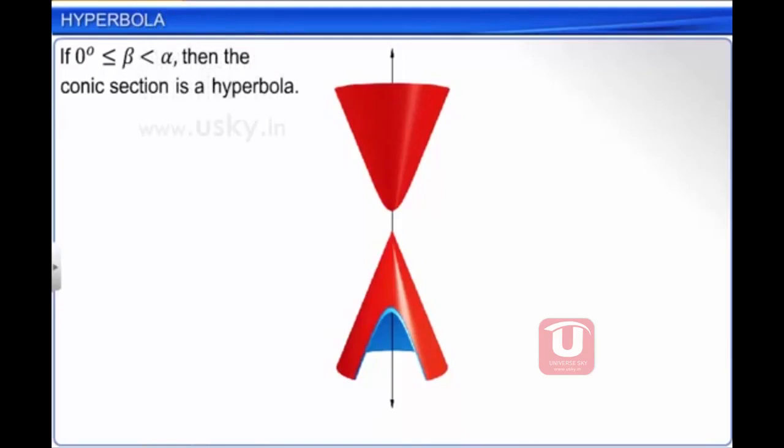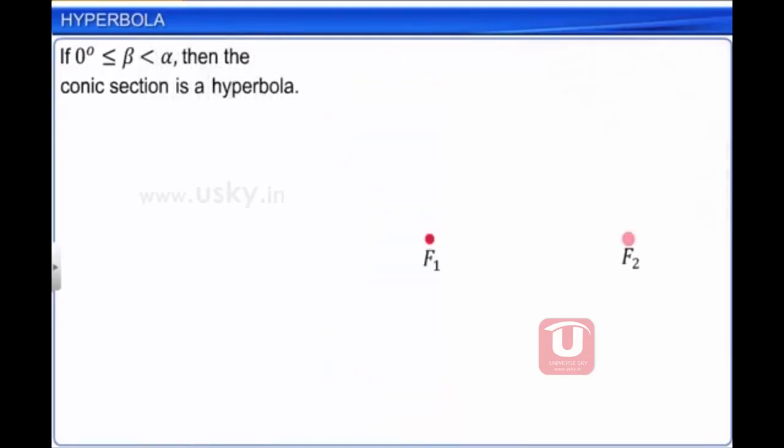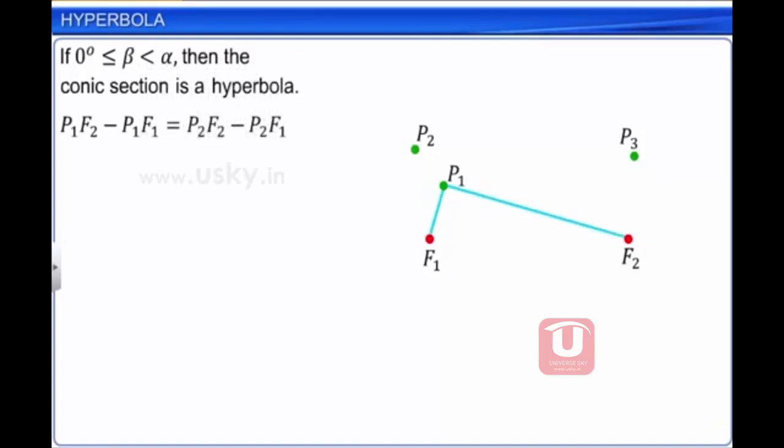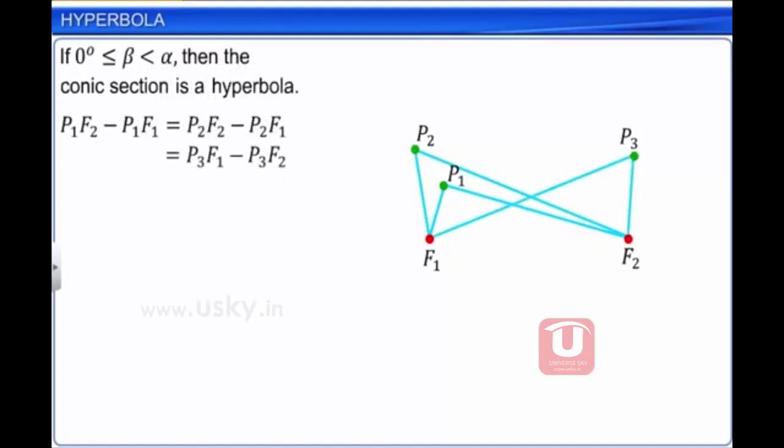Consider two fixed points F1 and F2 in a plane. Now, consider points P1, P2 and P3, such that the difference of their distances from F1 and F2 is equal. Then, the curves passing through all such points form a hyperbola.